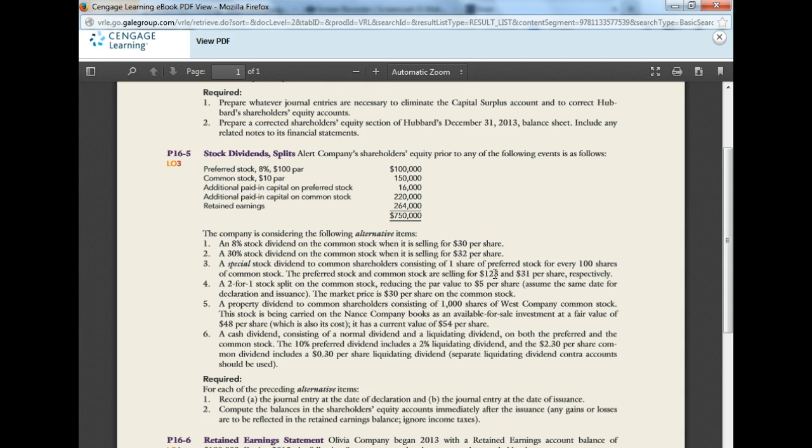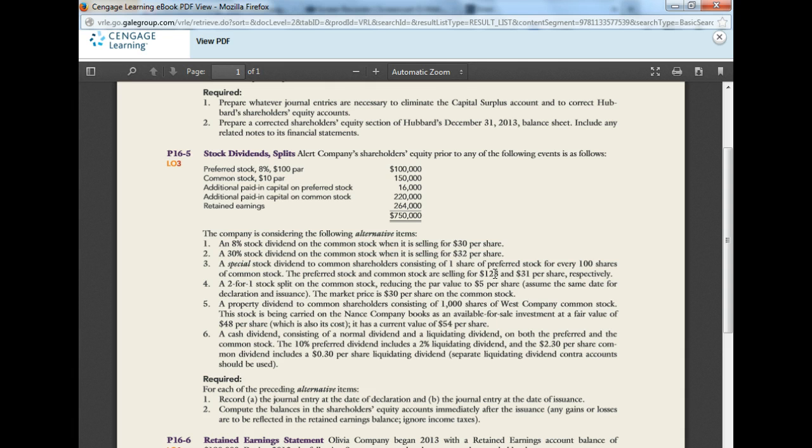We've got additional paid-in capital on common stock for $220,000. Then we've got retained earnings for $264,000, for a total of shareholders' equity of $750,000.